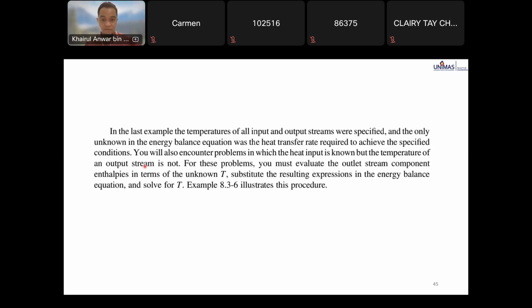For this problem, you must evaluate the outlet stream component enthalpy in terms of the unknown T. So this is quite long, because we find the T inside the CP.